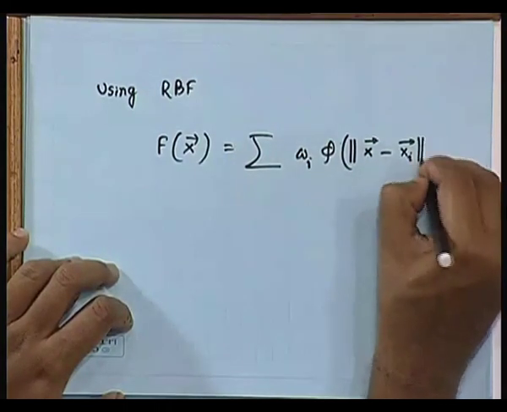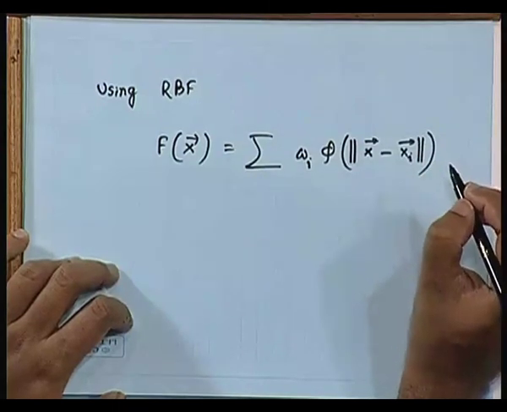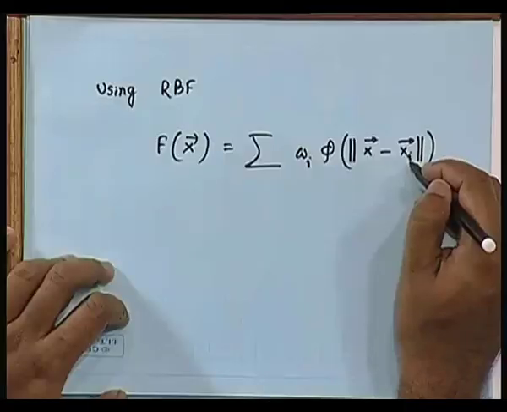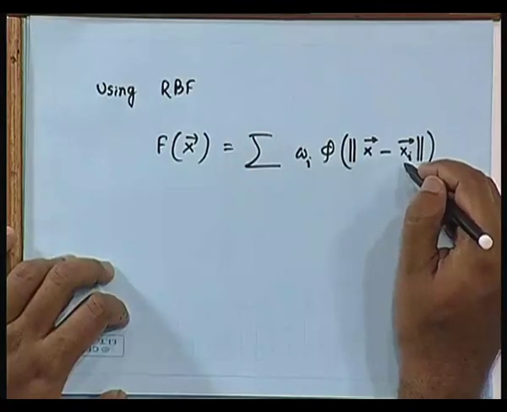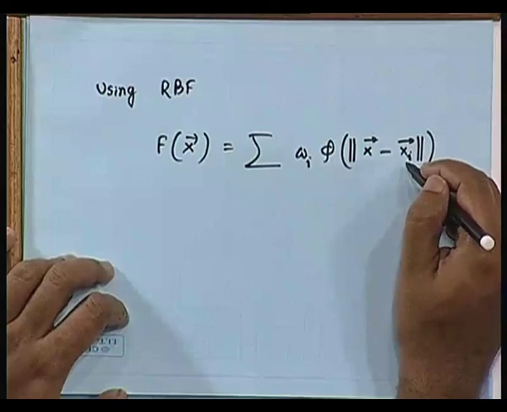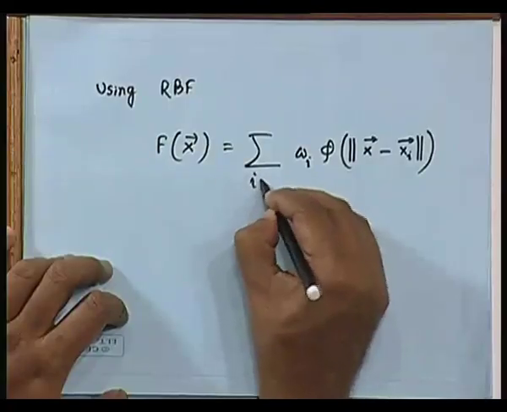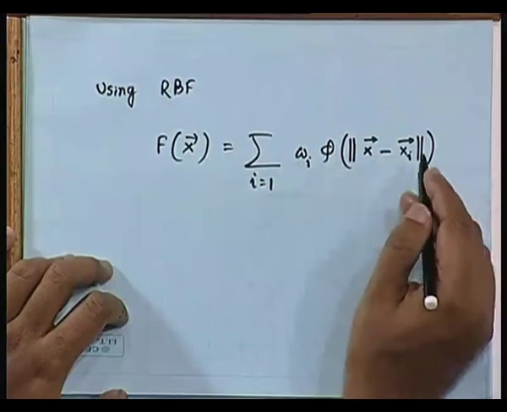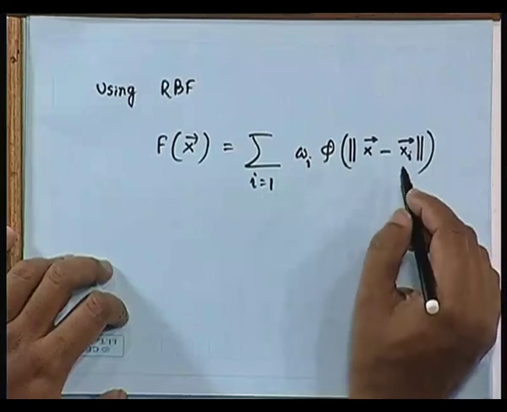That means we are taking different phi functions which are centered around the different x_i's, with inputs x1, x2, x3, x4 and so on. We consider various such phi functions centered around all of these, in fact n such phi functions, and all these outputs will be linearly combined.